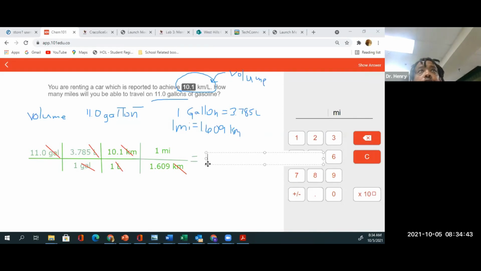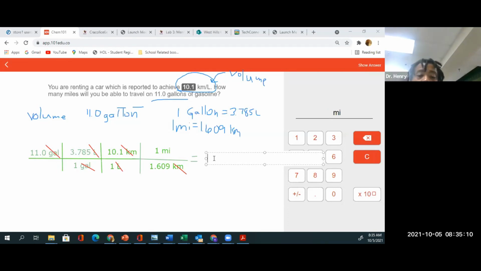So how many sig figs should I have? Three. Well, in this case, these two are conversion factors, so we're not going to use these. So here we have 3, and here we have 3. So my answer should probably be 3 sig figs, right?